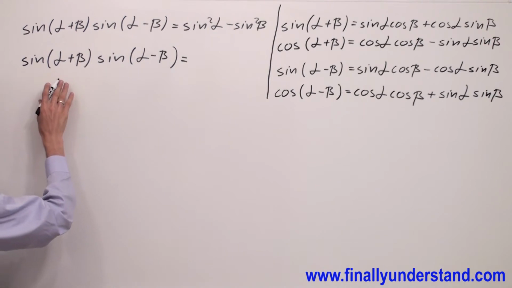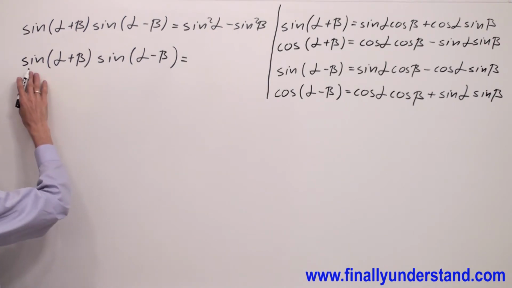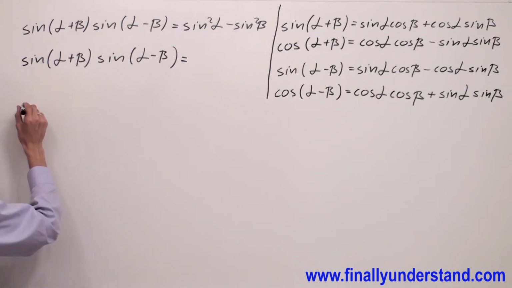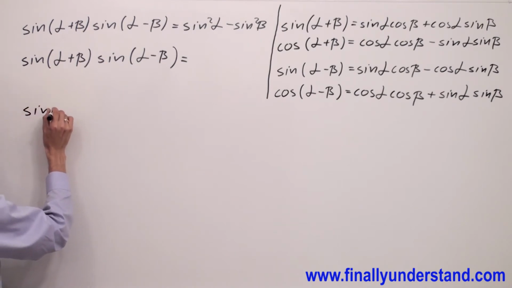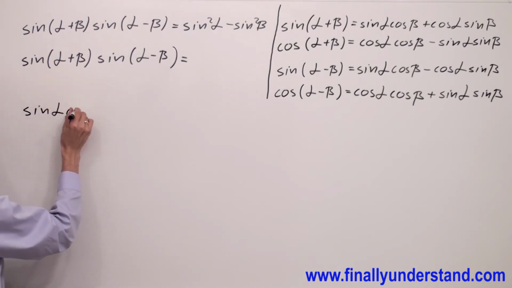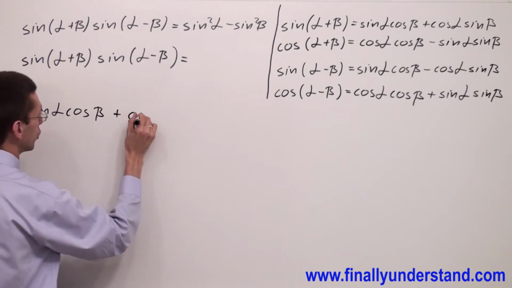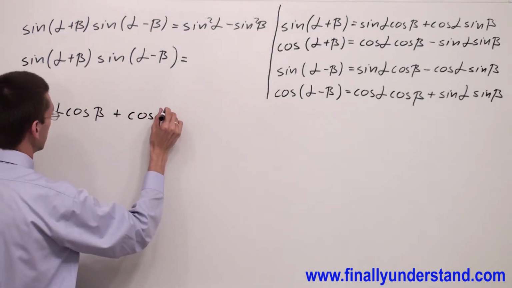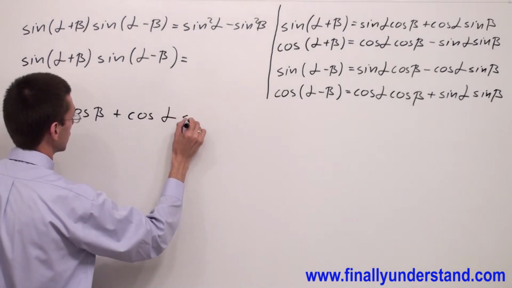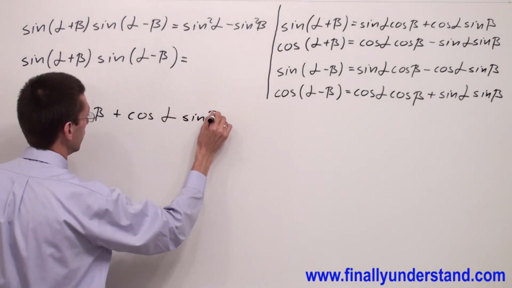So this is going to be equivalent, I'm talking about sine right now, sine alpha cosine beta plus cosine alpha times sine beta.